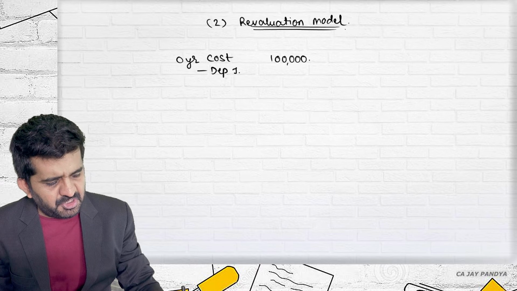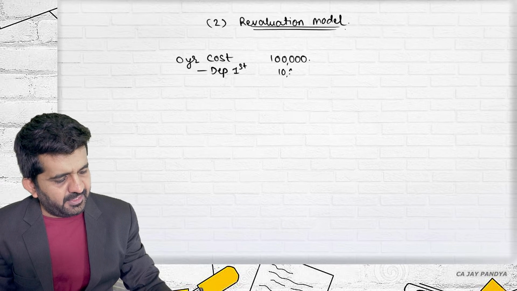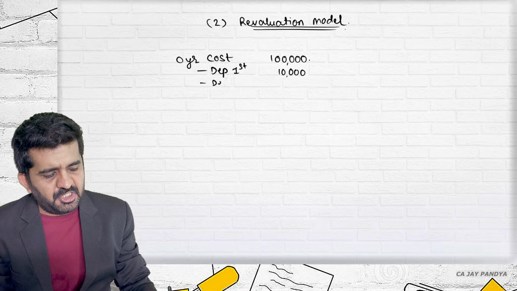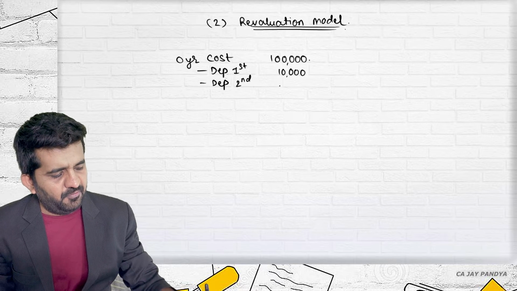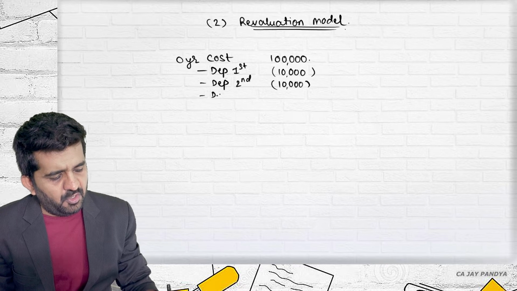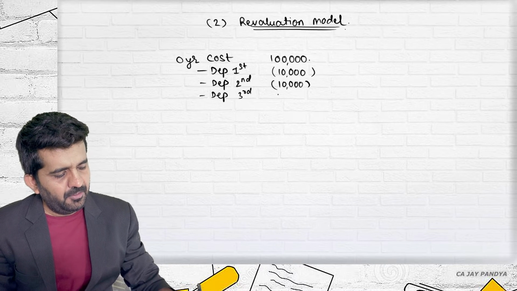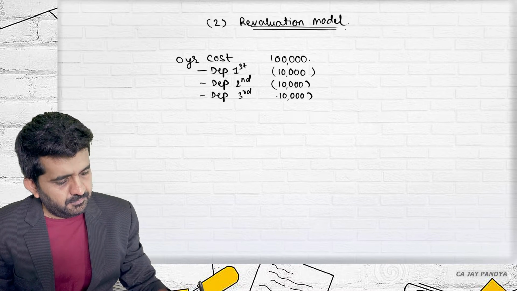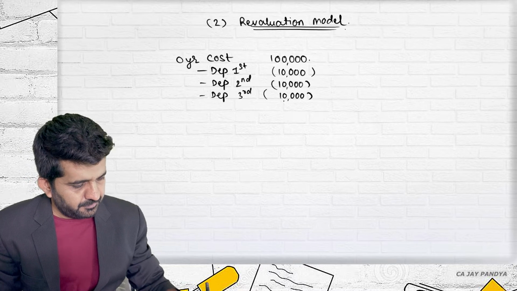There was a depreciation in the first year of 10,000, in the second year of 10,000, and in the third year of 10,000 rupees.